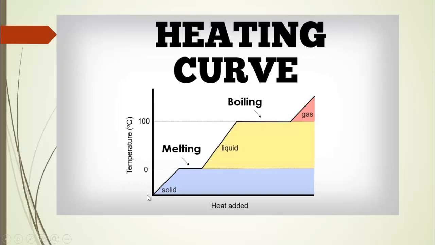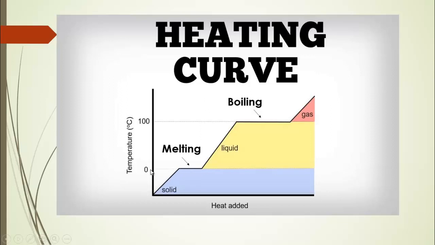Below 0 degree centigrade, the water actually exists in solid state, isn't it? So below 0 degree centigrade, here we will get the solid state of water, that is ice. Now at 0 degree centigrade ice starts to melt.